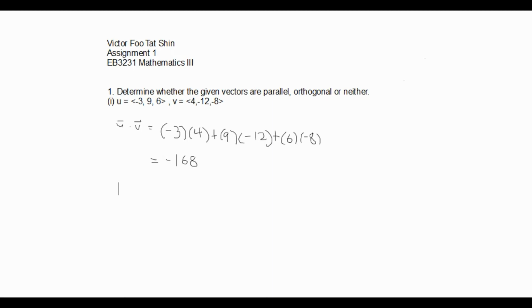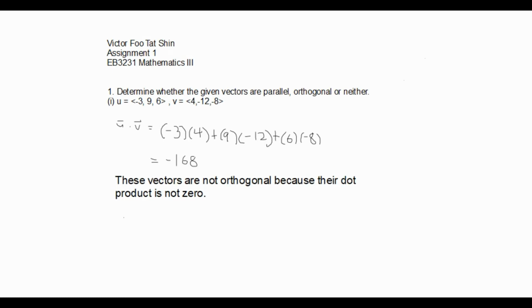So I'm just going to type text here. These vectors are not orthogonal because their dot product is not 0. Alright. So the next condition for us to check is whether these vectors are parallel or not.